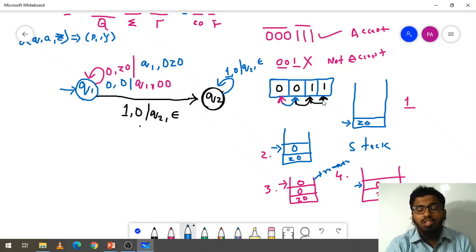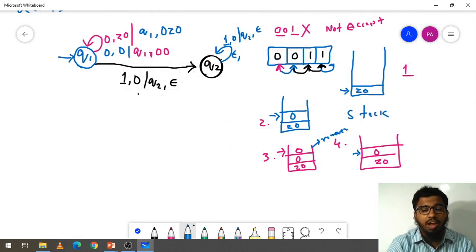So what is our next pointer? Nothing. We finish the string. We don't have any string left, so at that time we will take epsilon. The fourth stack is finished. Now we have the fifth stack.